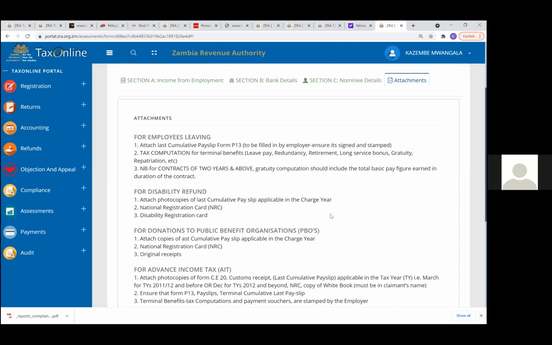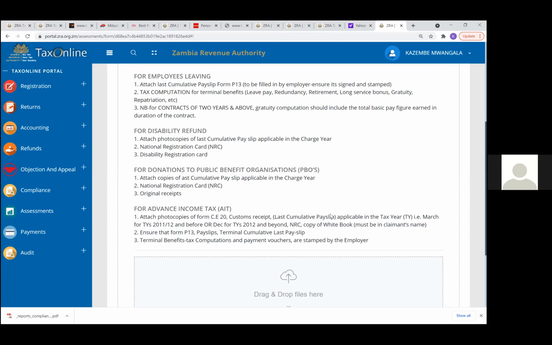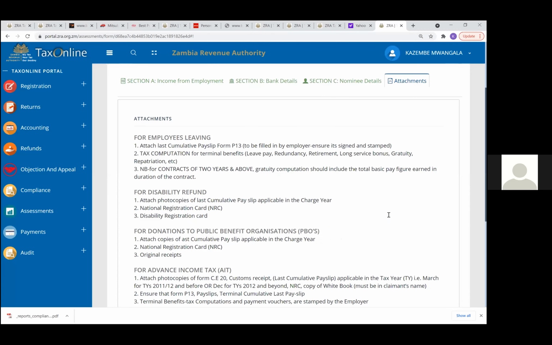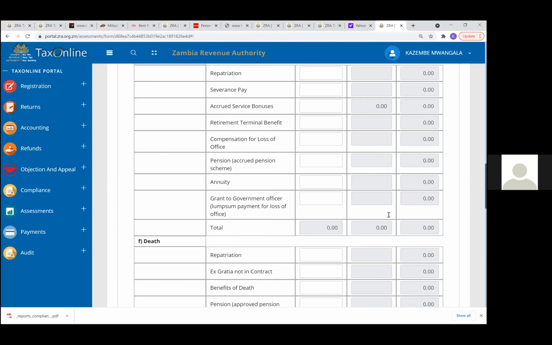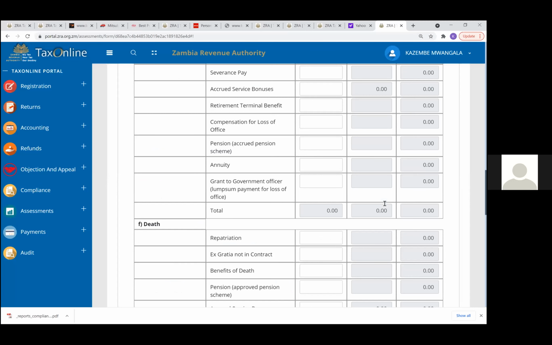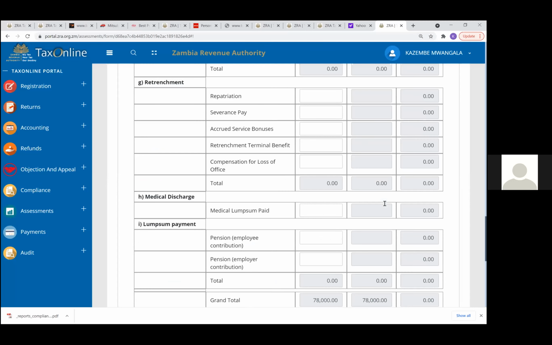The moment you claim a disability credit, the attachment of the disability card becomes mandatory. The moment you claim AIT, the attachment of the Form CE20 from customs becomes mandatory. The moment you say you made a donation to a public benefit organization or a charity, the receipts to support that also become mandatory. That is about attachments. That part will change soon, so that the system will know.